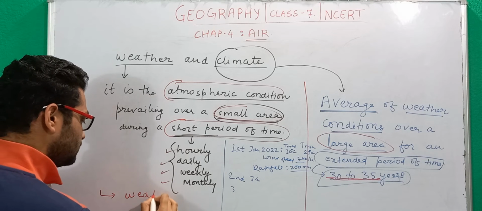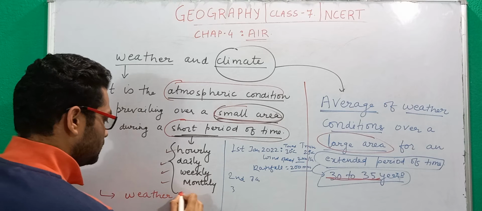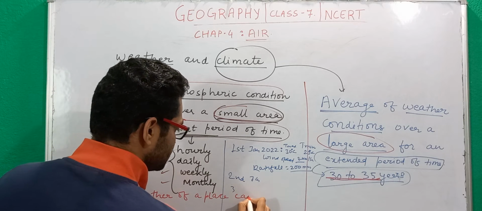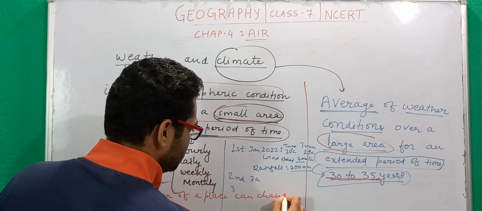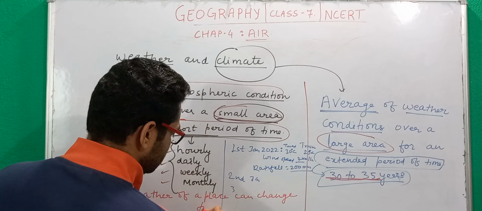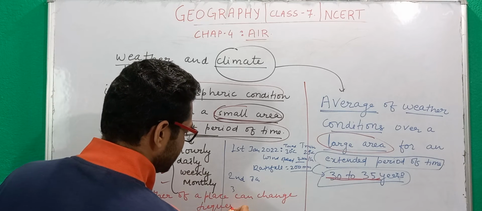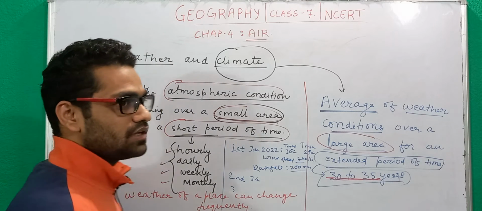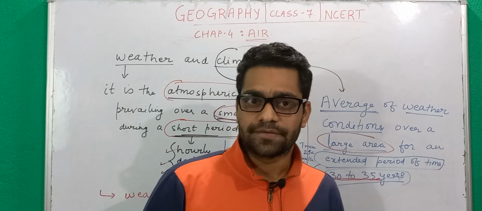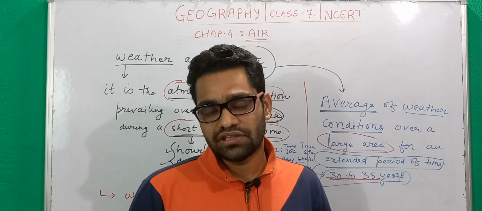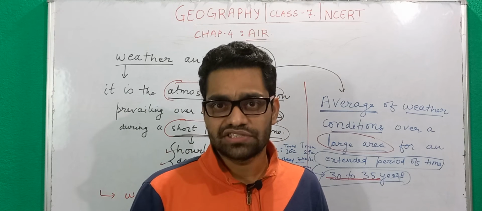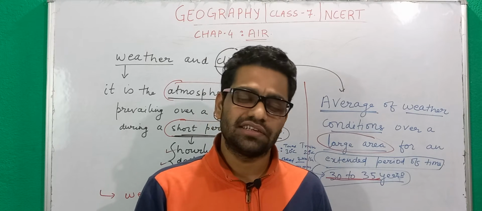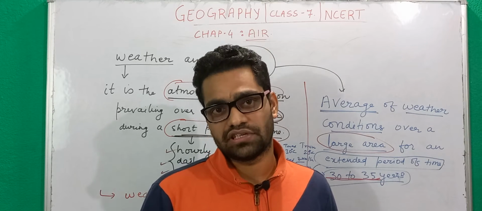Weather of a place can change frequently. And when I say frequently, it means that suppose it is 10 a.m. in the morning, and if you see the weather conditions at 11 a.m. on the same day, you will find that there is some amount of change that has taken place.